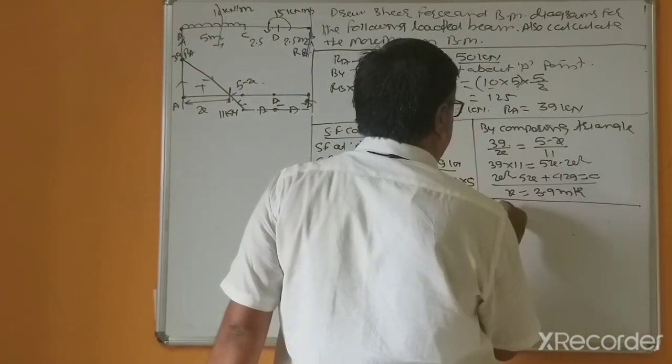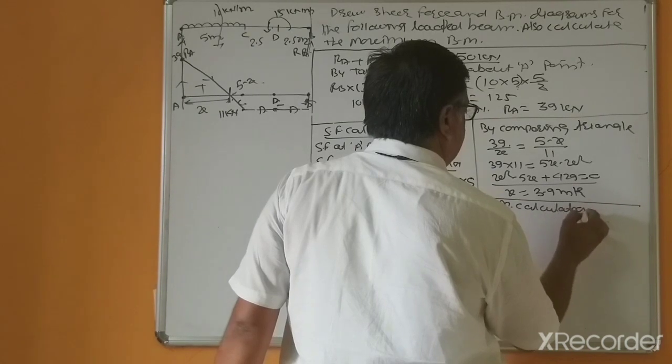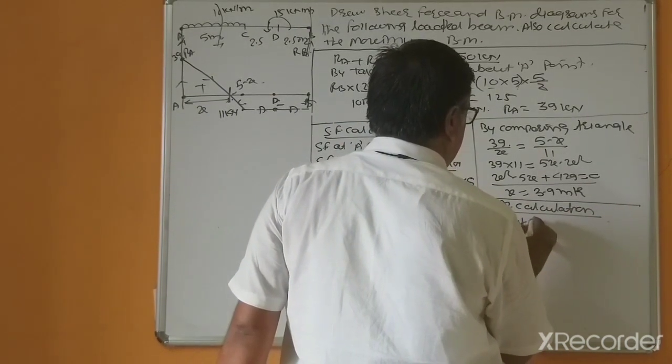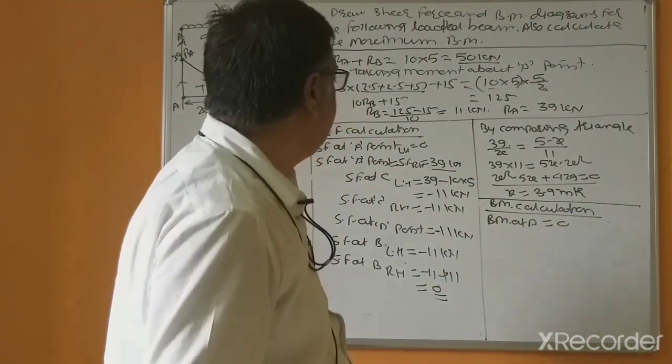Now bending moment calculation. Bending moment at A point equals 0 because this is an end point of a simply supported beam.